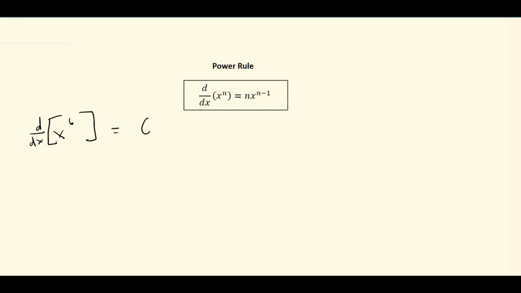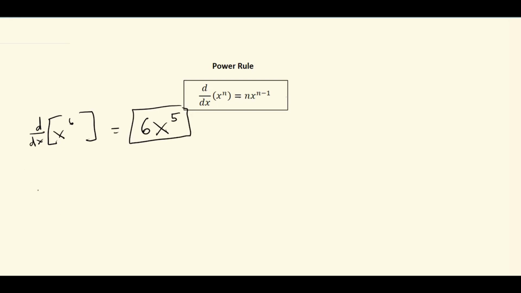So we get 6x, and then we subtract 1 from the power. So we get 5. 6x to the 5th is the derivative, and that's all we had to do.